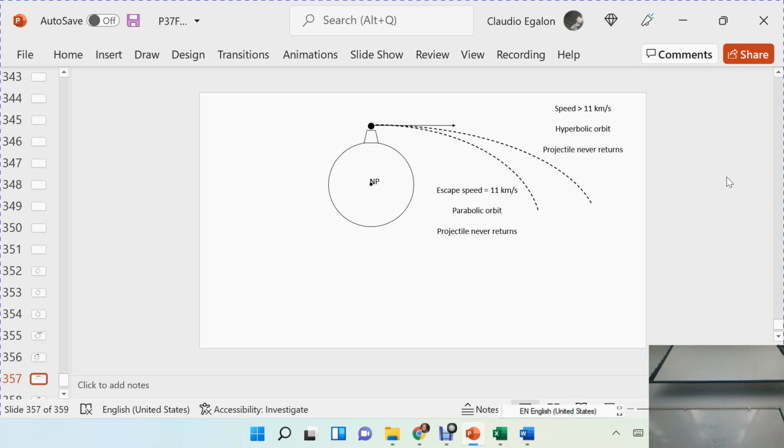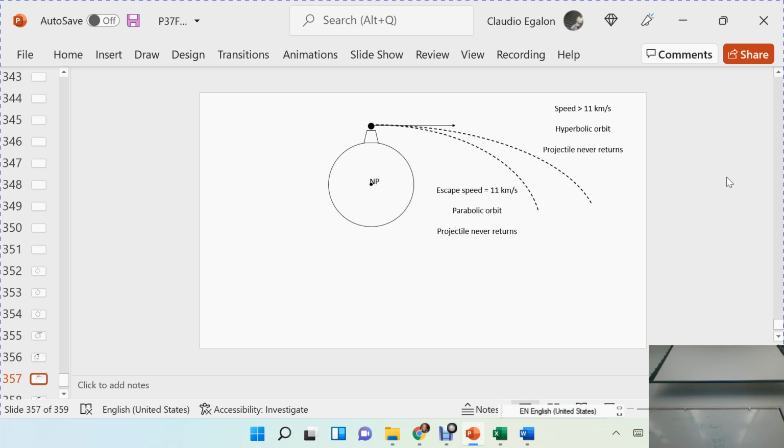As the particle moves further and further away from the Earth, the potential energy becomes less negative, which means your potential energy is increasing. Consequently, the kinetic energy must decrease. Potential energy increases, kinetic energy decreases.